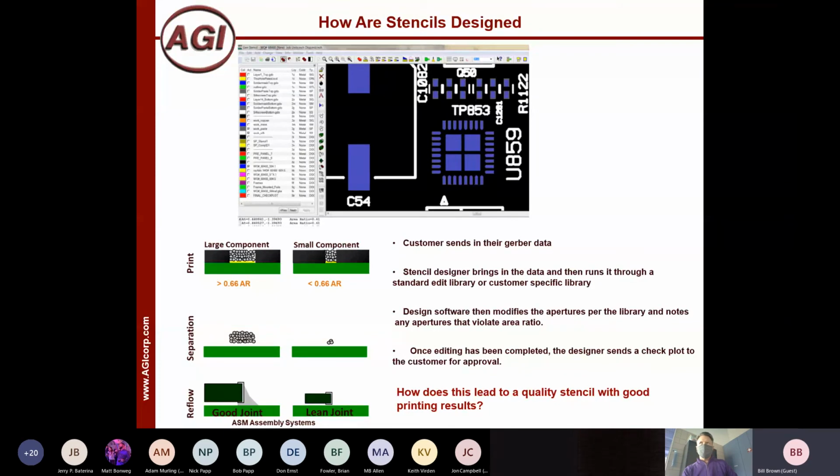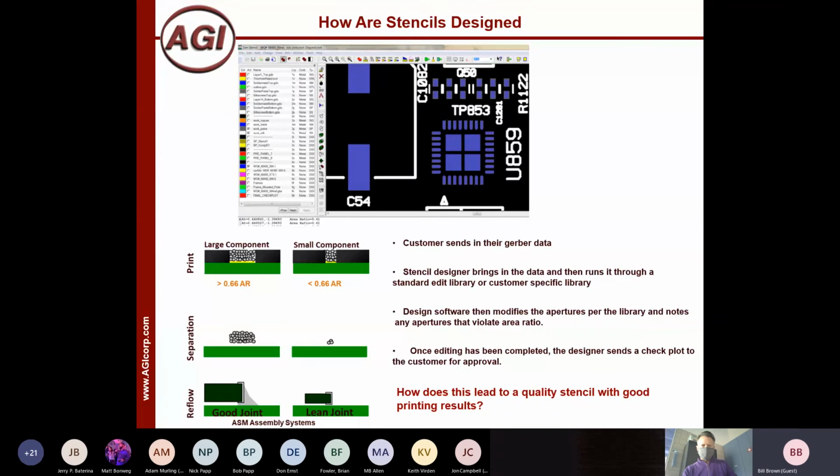And when the Gerber data is run through that, it automatically modifies apertures to those industry standards. So for instance, if you had QFNs or DFNs that you're worried about voiding or floating parts, it would automatically do an industry standard or a standard that we at AGI have set up from experience. So it would reduce the volume by 30% to avoid floating, and it would window pane in a 2x2 configuration.